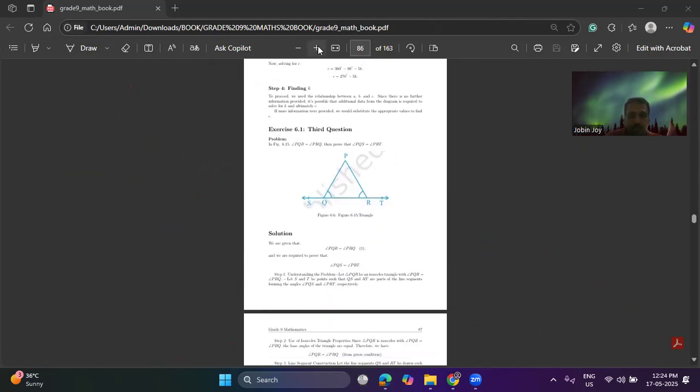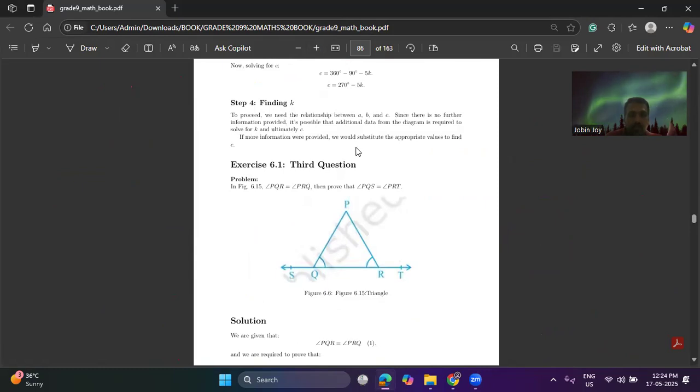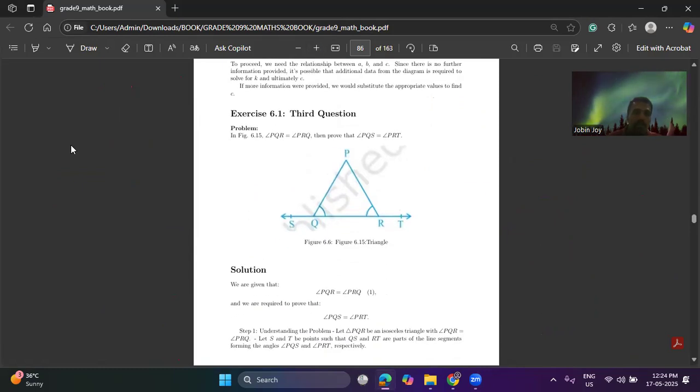Then next question. So we have a line and angle PQR equal to angle PRQ, this angle equal to this angle PRQ.